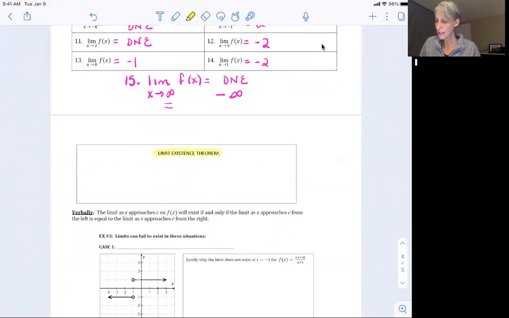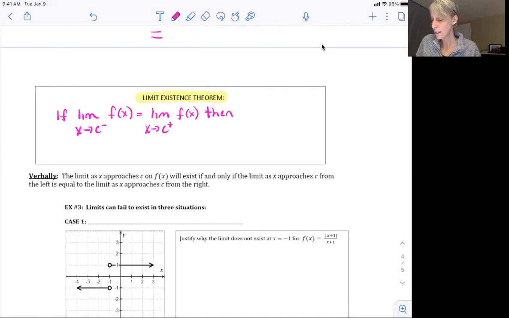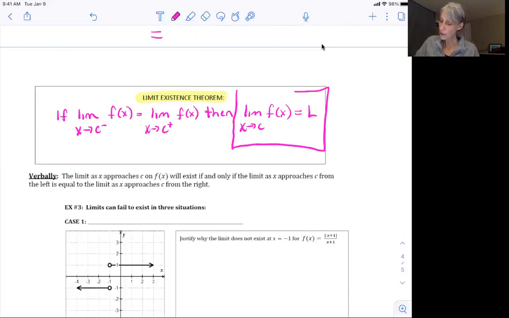So just kind of review. A limit existence theorem means if the limit as x approaches c from the left equals the limit as x approaches c from the right, then the limit as x approaches c equals some number L. That's a lot, and our big focus is going to be that.